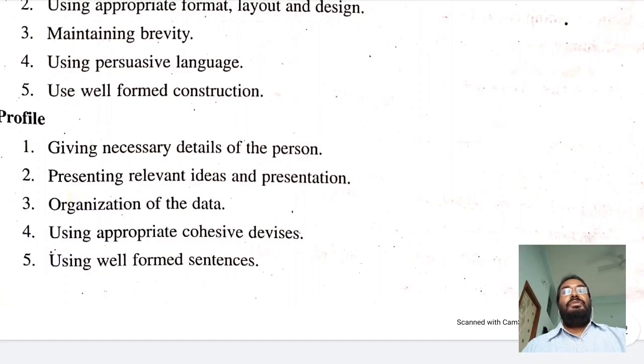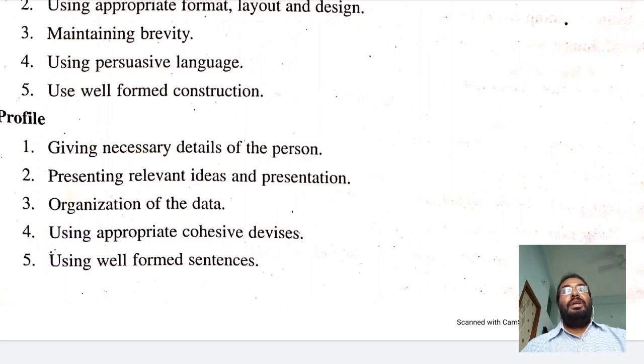And what is the difference between profile and biographical sketch? I told you. Profile is for a particular purpose. Biographical sketch can be elaborate. Even a biographical sketch can be given for particular purpose also, no issues. And profile mostly it will be in a tabular form as a table. Biographical sketch will be in paragraph form.